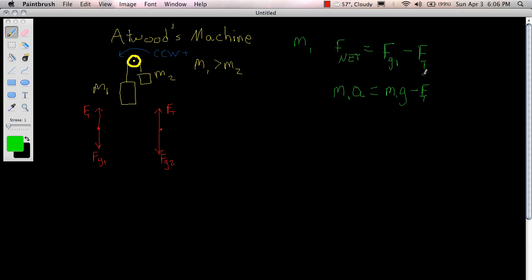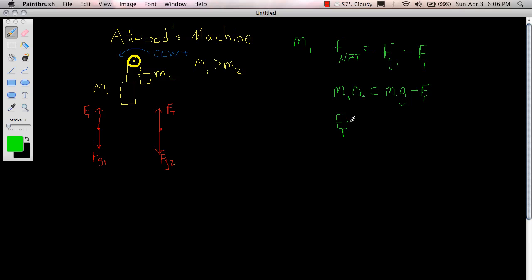The next step is going to be to solve for tension, and the reason we do this is because we're also going to get an equation for M2, which is going to have tension in it. Because tension is the same for both this side and this side, we can use simultaneous equations and solve one equation for tension, plug that into our other equation, and get rid of tension completely as a variable. So let's go ahead and solve for tension.